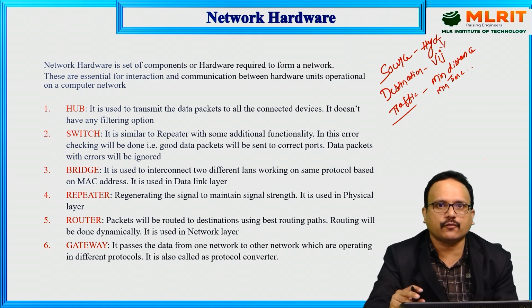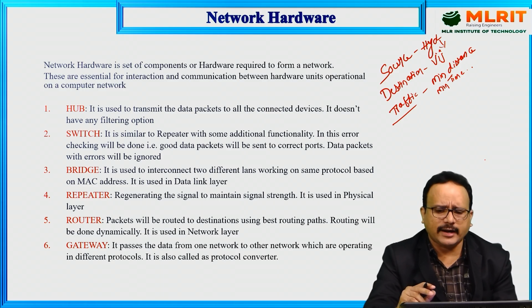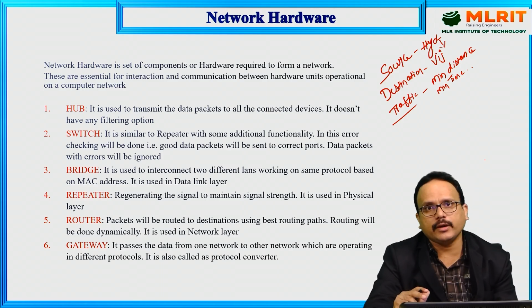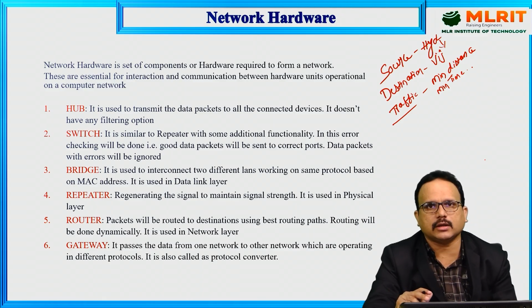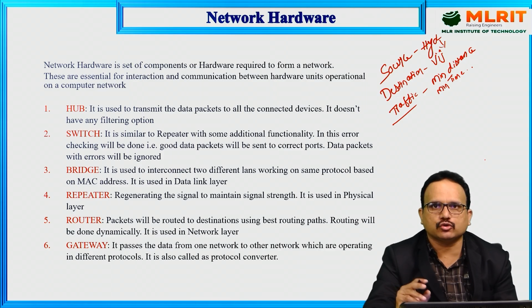We have n number of routing algorithms like adaptive routing algorithms and non-adaptive routing algorithms. In that we have the shortest path routing algorithm and Dijkstra routing algorithm. With the help of those routing algorithms, it is going to select the best path to travel the packets from source to destination.